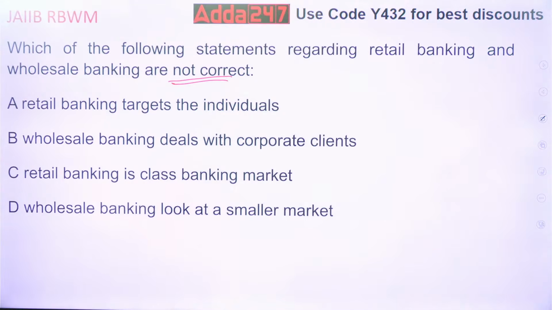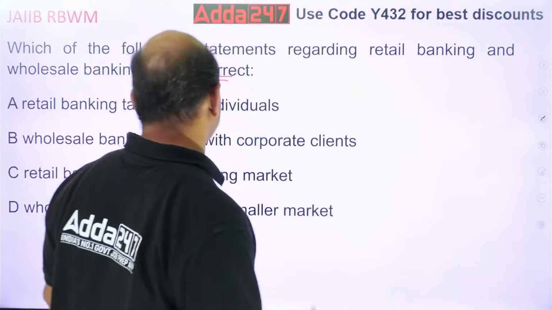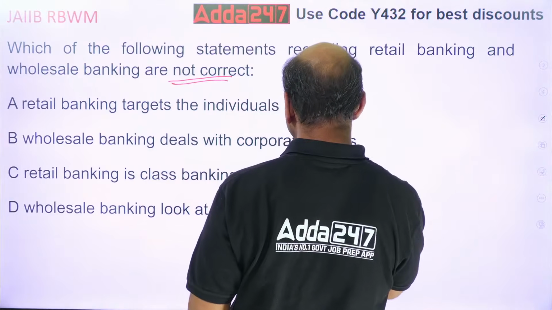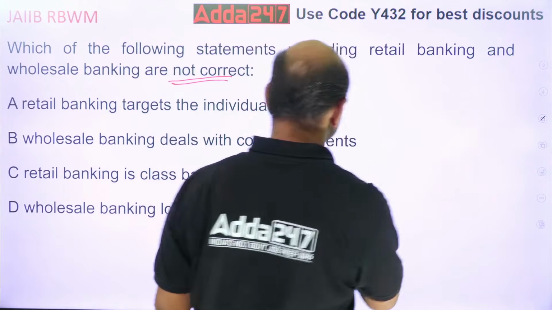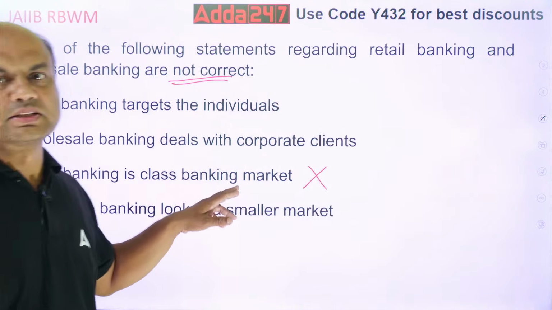So, what is the answer for this? The answer is the incorrect one. Retail banking is a class banking market, this is incorrect. So I will mark a cross over here.